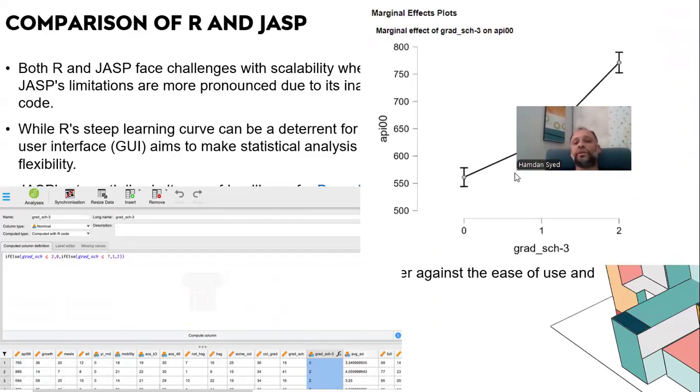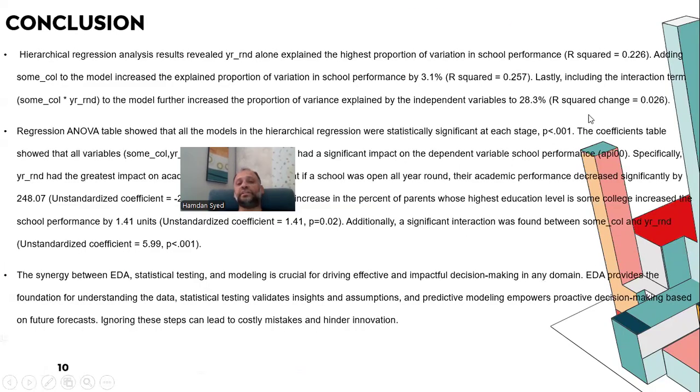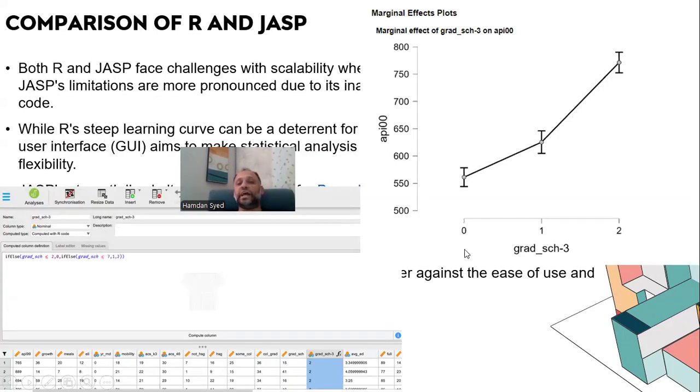So in the plot, it clearly shows my x-axis is the grad school factorial and the y-axis is the API, and you can see the increase in that factor as it goes through each phase of grad school.